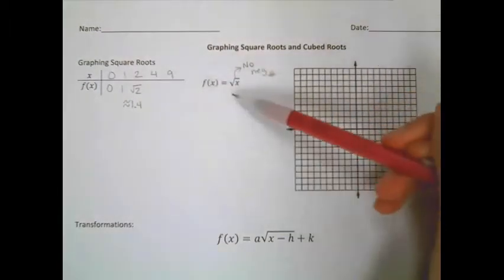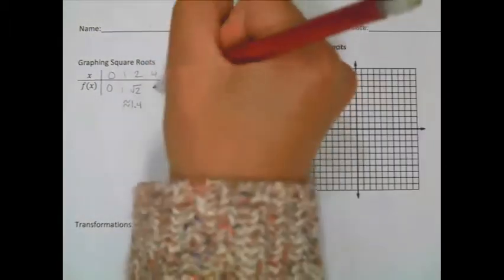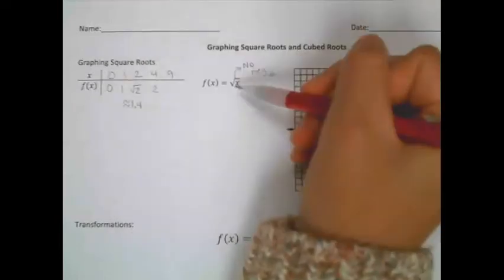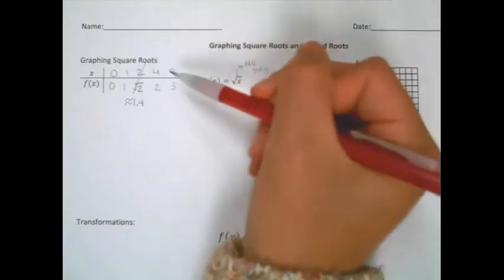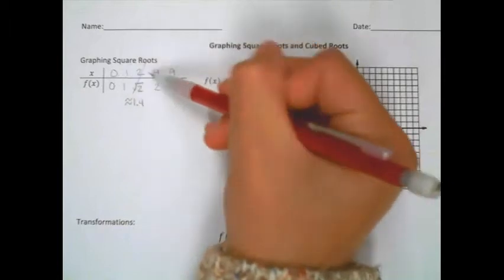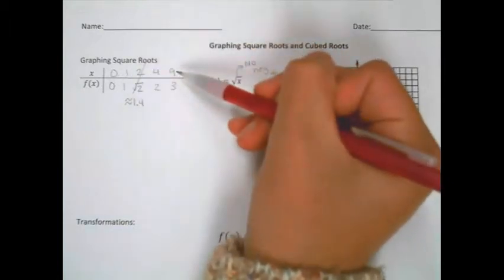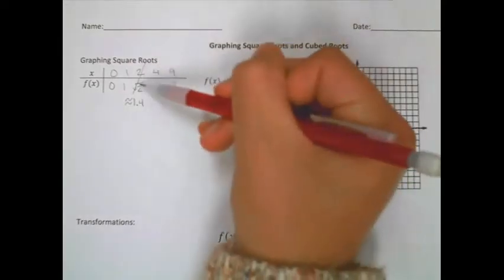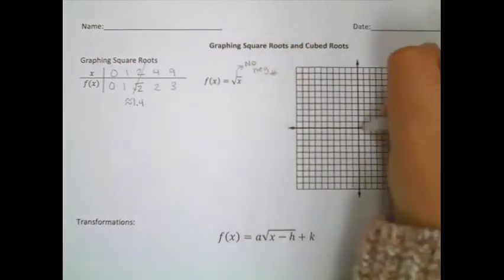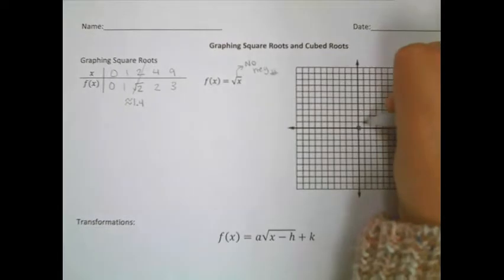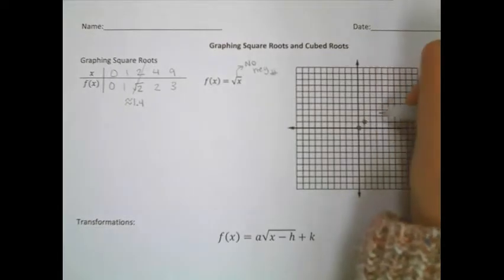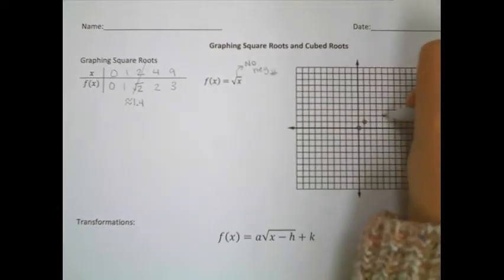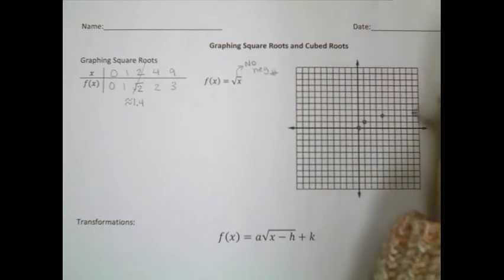So if I put in 4, the square root of 4 is 2, and the square root of 9 is 3. So using numbers that are perfect squares is nicer than using numbers that aren't, because we get irrational numbers. So graphing this, I get (0, 0), (1, 1), (4, 2), and then (9, 3).